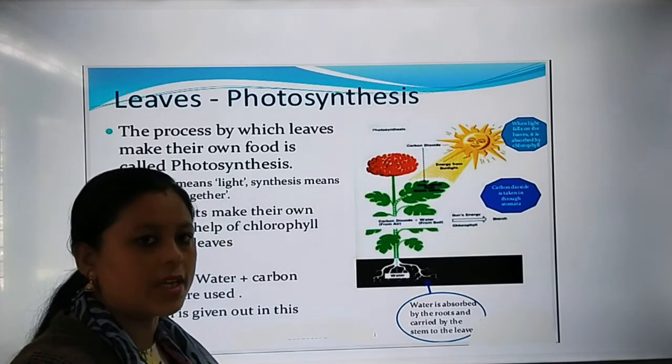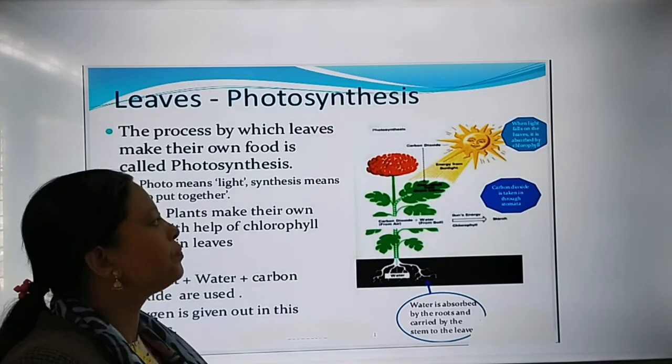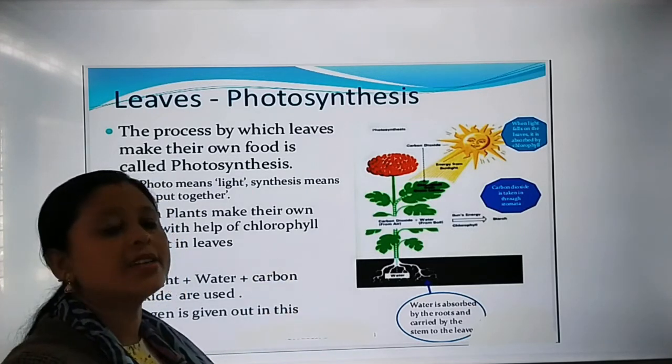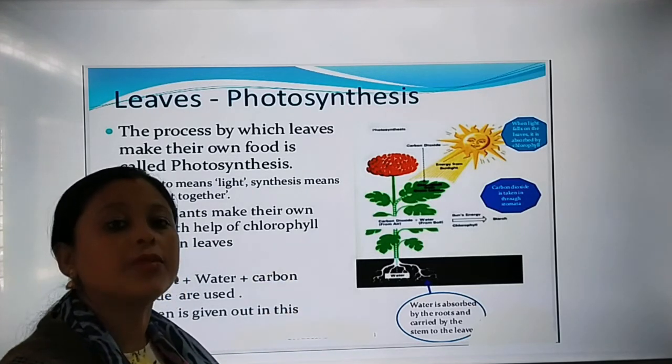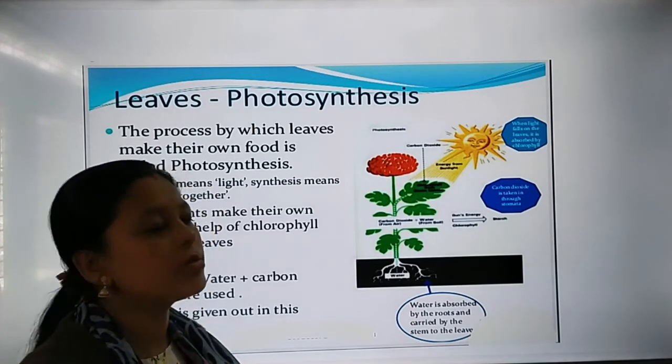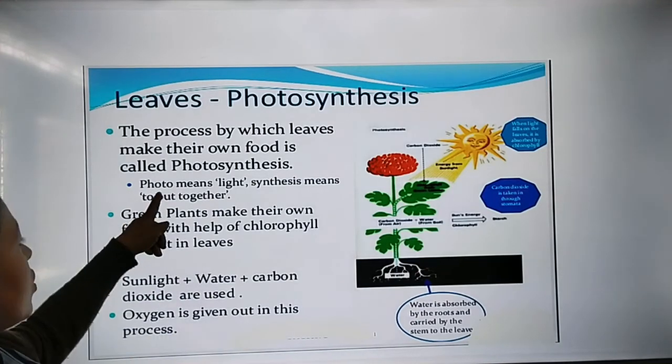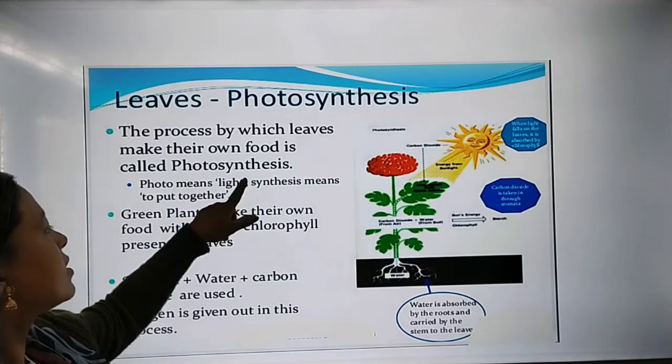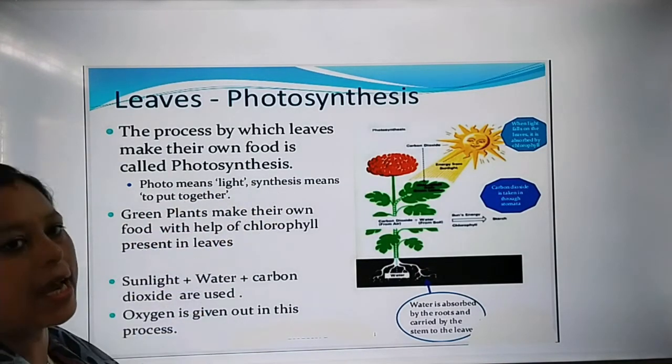There is a process which is needed by leaves to make the food for the whole plant. That process is called photosynthesis. Photo means light. Synthesis means to put together.